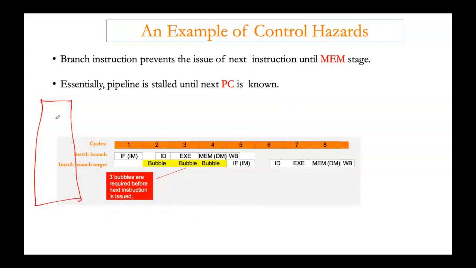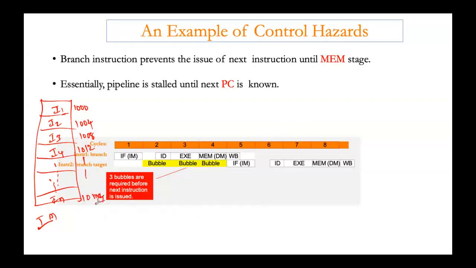In that memory, I have the instructions: instruction 1, instruction 2, instruction 3, instruction 4, and so on up to instruction n. These instructions are in the instruction memory, stored at certain addresses like 1000, then every 4 bytes, 1008, the fourth instruction at 1012, and so on, up to n times 4 bytes.